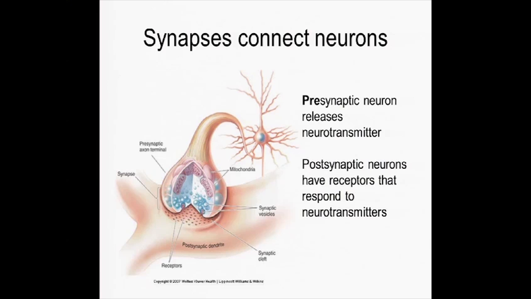So here is the synapse, a blow up of the synapse. Here are the vesicles. These are the little bubbles of neurotransmitters sitting inside the cell. When an action potential comes down here, it triggers, through a calcium signal, the release of the vesicles and the neurotransmitters coming out.